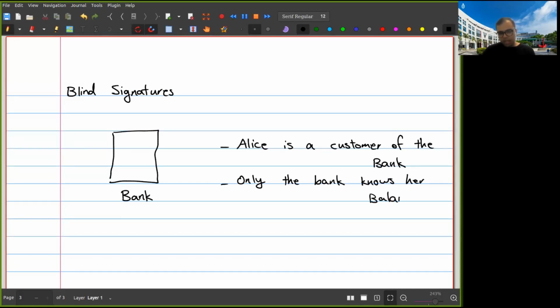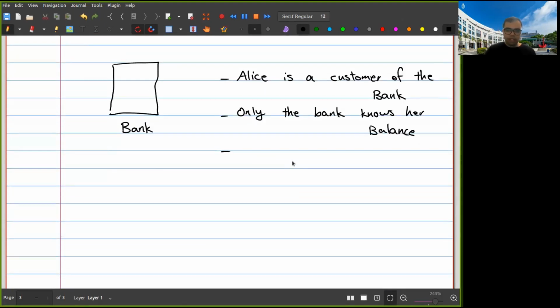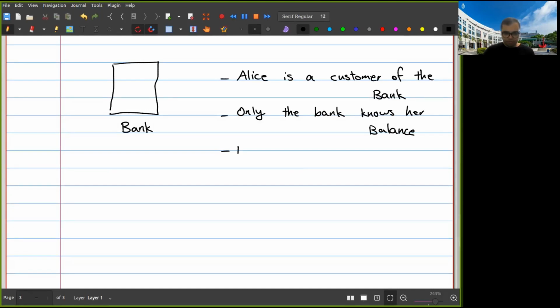Okay. And let's say that Bob is also a customer of the bank. And now let's say Alice wants to buy something from Bob. So Alice wants to pay Bob. This is the next thing I want to do. Alice wants to pay Bob.